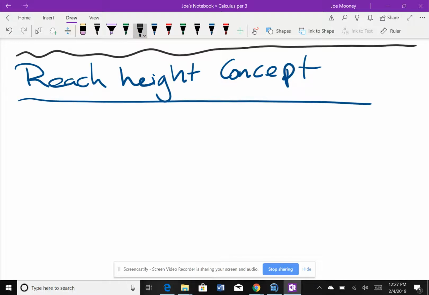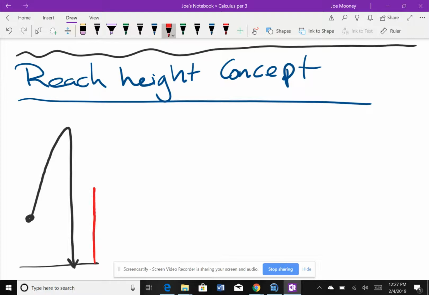So if I said to you, I want to launch an object, and it needs to reach the height of something, which happens to be this height right here, we'll call it 1,000 feet.